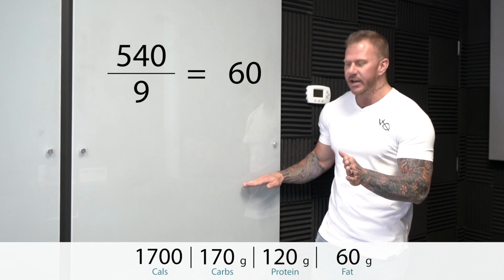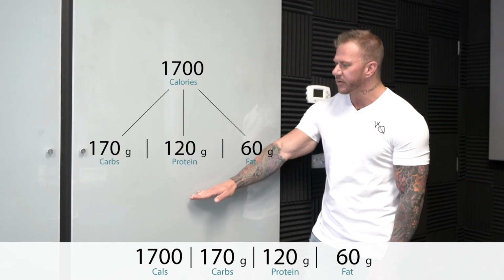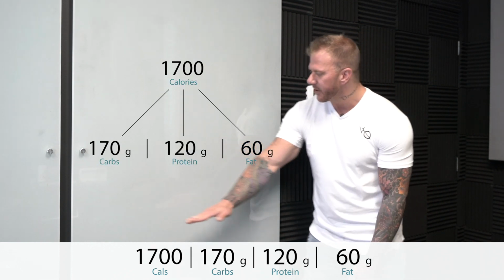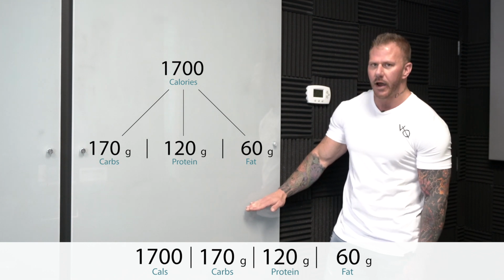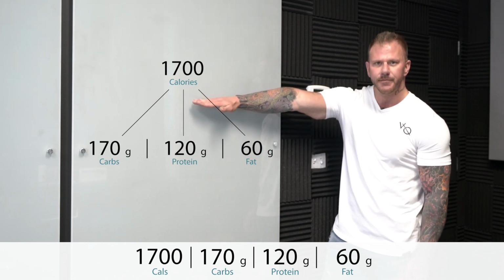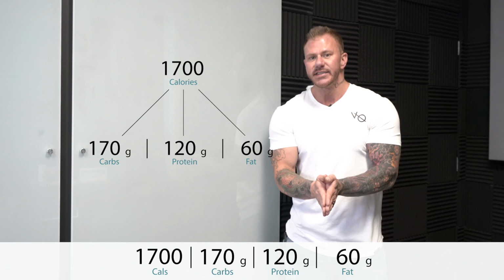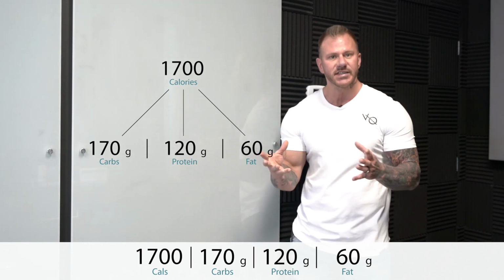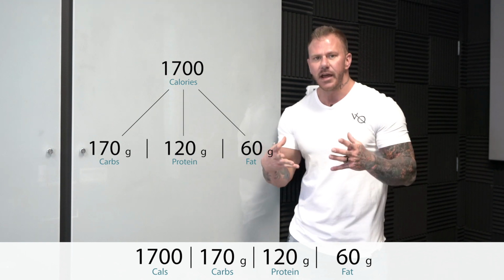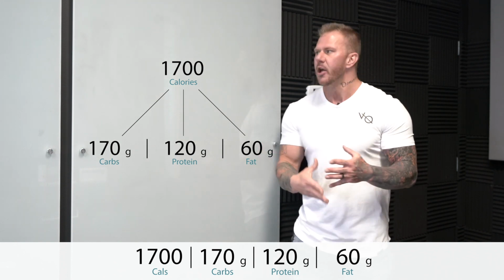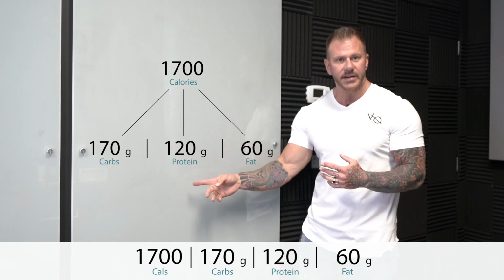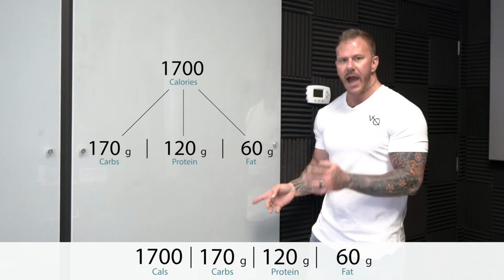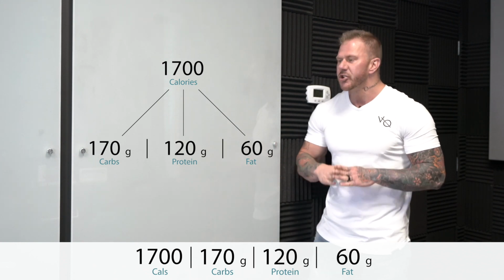So out of the 1,700, here's where we're at. 120 protein, 170 carb, 60 fat, for a total of 1,700 calories. That is just an example. That fat could be lower, it could be higher, the protein could be adjusted slightly, but this is a baseline that I'd recommend at least starting with. You can toggle these carbs down if your activity isn't very high and toggle your fat or protein up, but this is just a baseline.